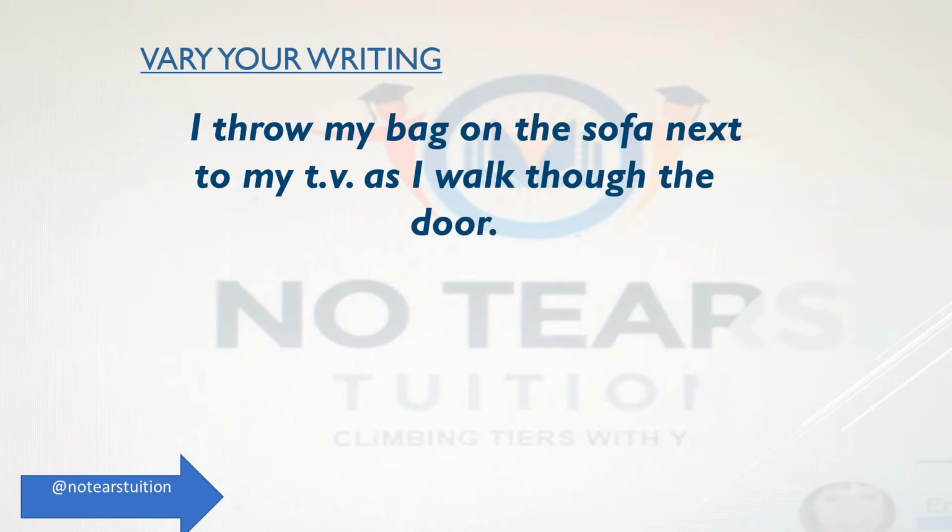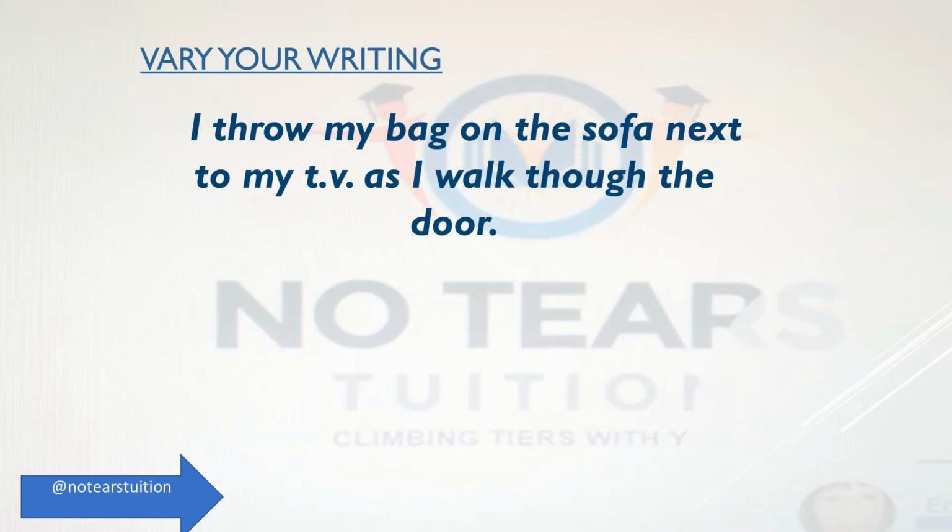The starting point for the video is a sentence that was written by a young man when he was asked to write a description about what he did when he arrived home from school. So let's begin with looking at that sentence. "I throw my bag on the sofa next to my TV as I walk though the door."